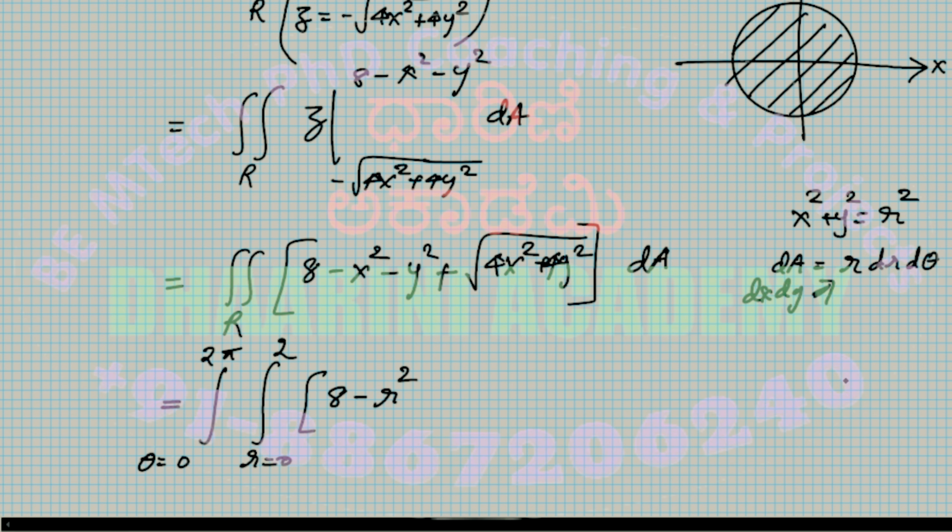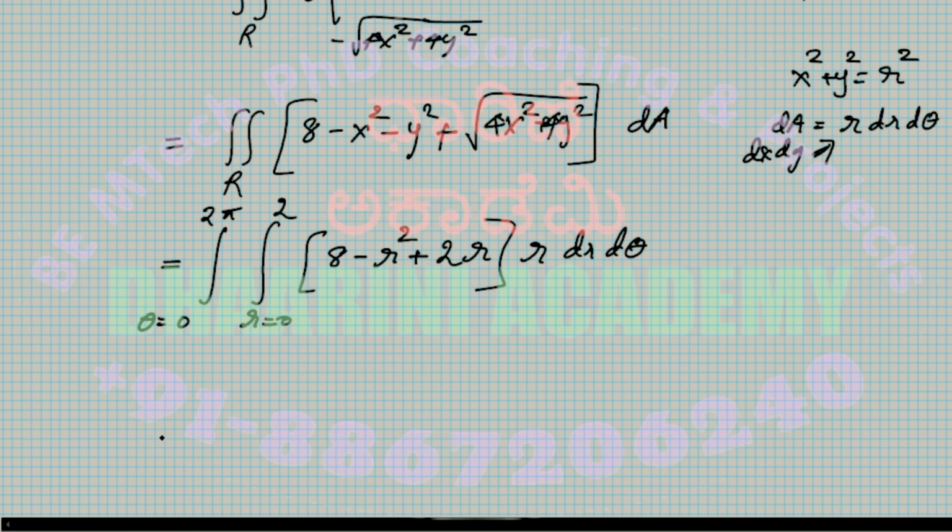Then I have root of 4 times x square plus y square. So what happens to 4? It comes out as 2, correct? Plus 2. Root of x square plus y square is root of r square, that is equal to r, into r dr d theta. Pretty simple, right?